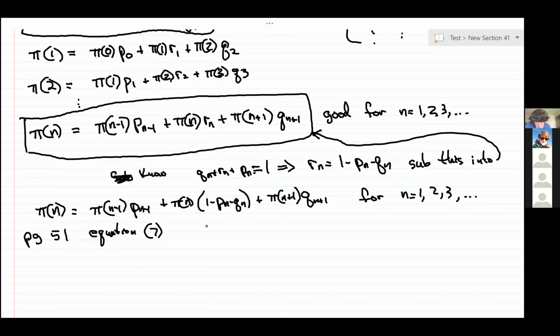On the right side, leave this term alone. I'm doing it slightly differently than in the book, but it should all turn out the same. So I leave this on the right side, but let me put it as the lead term. So I have pi n plus 1 times Qn plus 1. That's this guy.